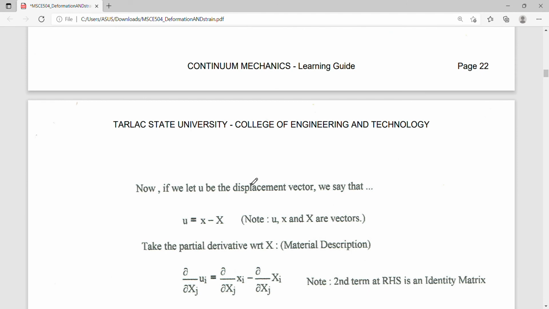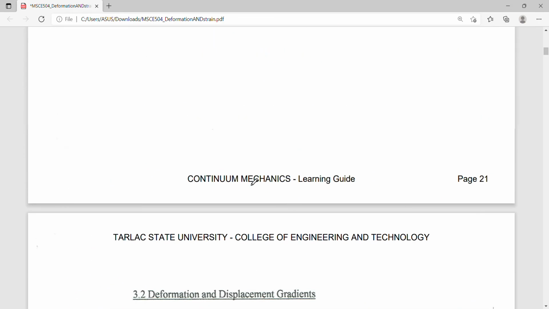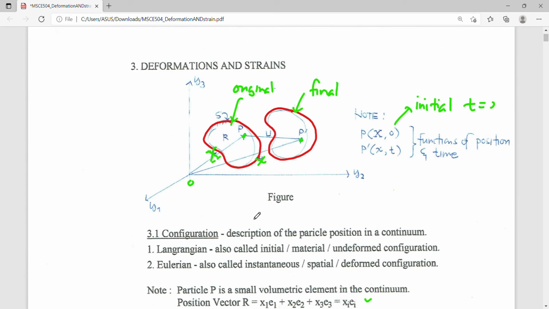So now, if we let u be the displacement vector, from the figure above, okay, so let's go back to this figure here. What is the vectorial expression that will yield the value of u if this is capital X and this is small x?